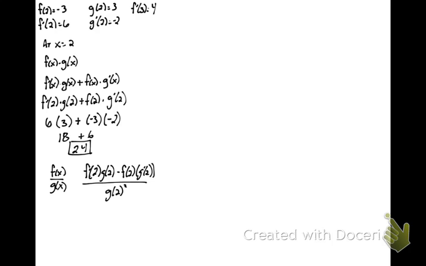We're told all these values, so by substitution we would have 6 times 3 minus negative 3 times negative 2 all over 3 squared, and this just becomes 18 minus 6 over 9, which is 12/9 or 4/3.